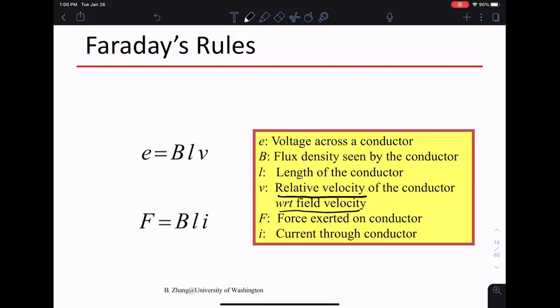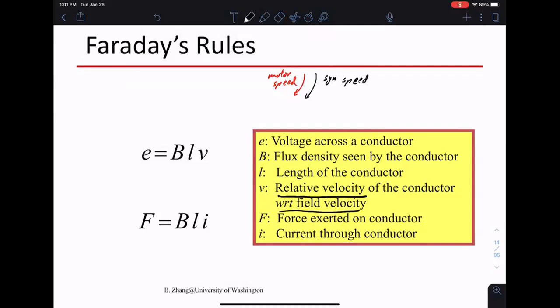If things are rotating at synchronous speed, and the motor speed is exactly equal to it, then relative to each other there's no motion. They are moving through a magnetic field, but the field is moving at synchronous speed and you're rotating at synchronous speed, so there is no relative motion.